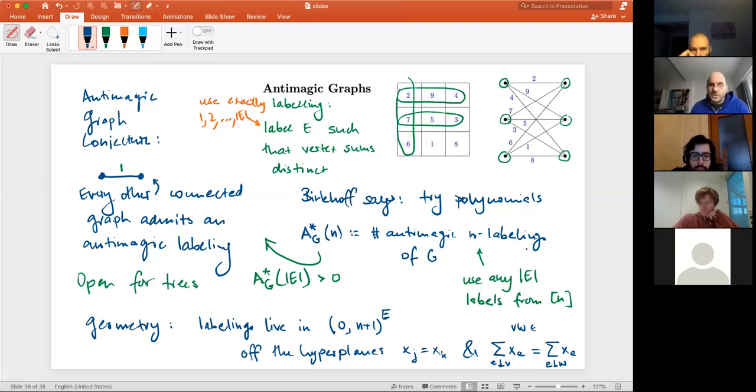V and W are just two nodes, two vertices. So any two nodes should have a different sum.